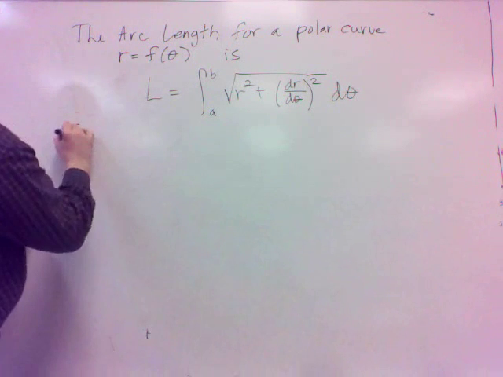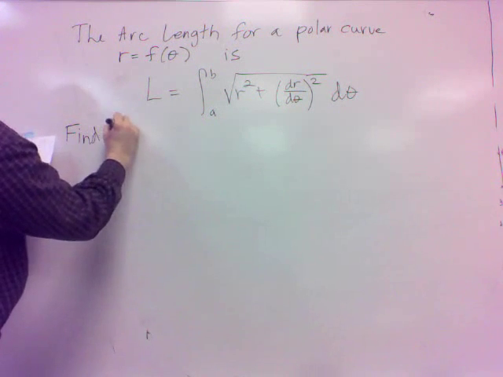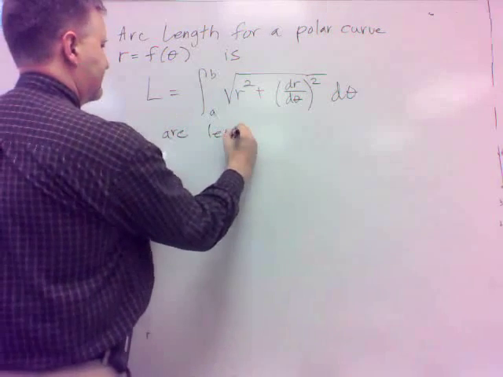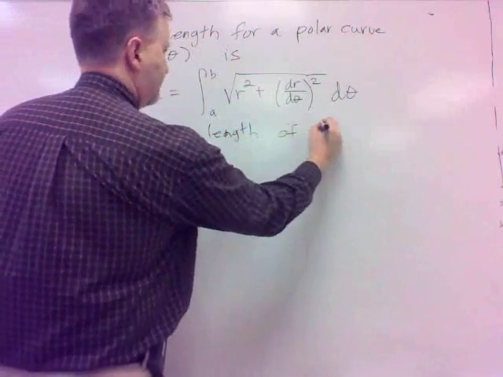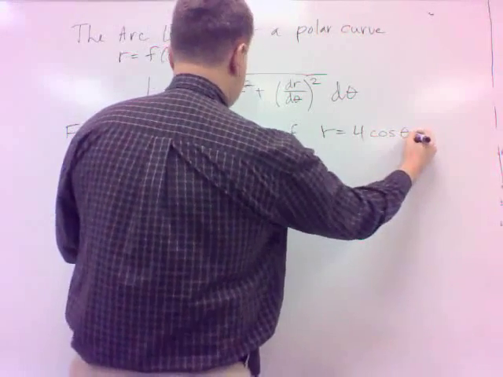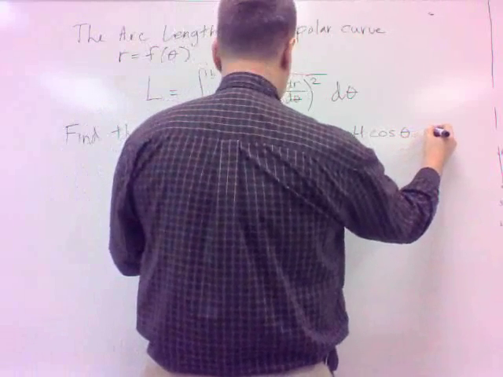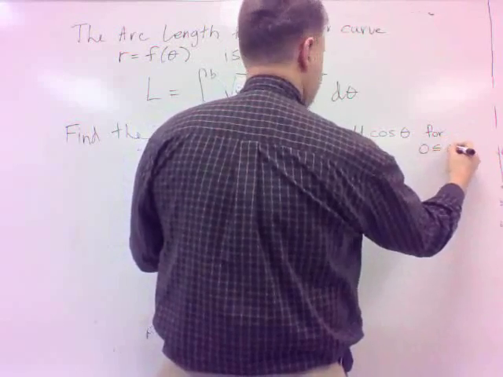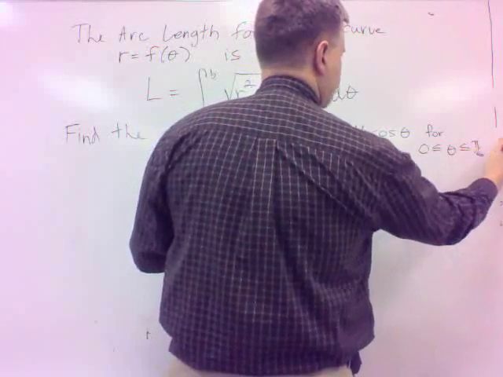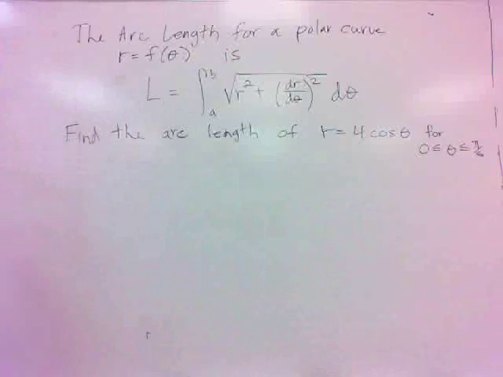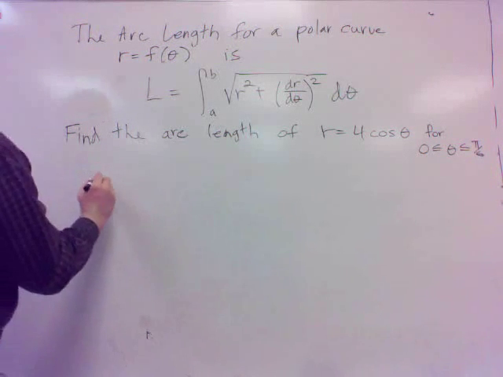So let's do one of those, and we'll call it a day here. Find the arc length of r equals 4 cosine theta, for theta between 0 and pi over 6. Okay, well, easy enough.